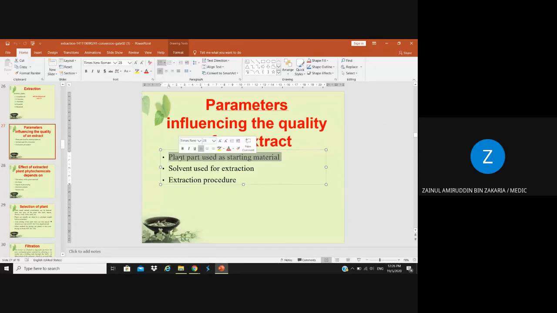For example, to do aromatic plant extraction, you want to take the plant that can produce a good smell extract, right? So, for example, the gaharu tree. In India, they call it oud. It smells very nice and is very expensive.